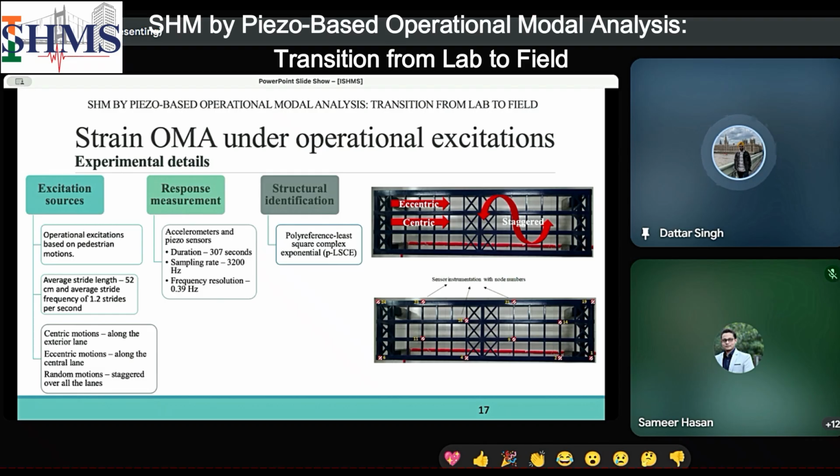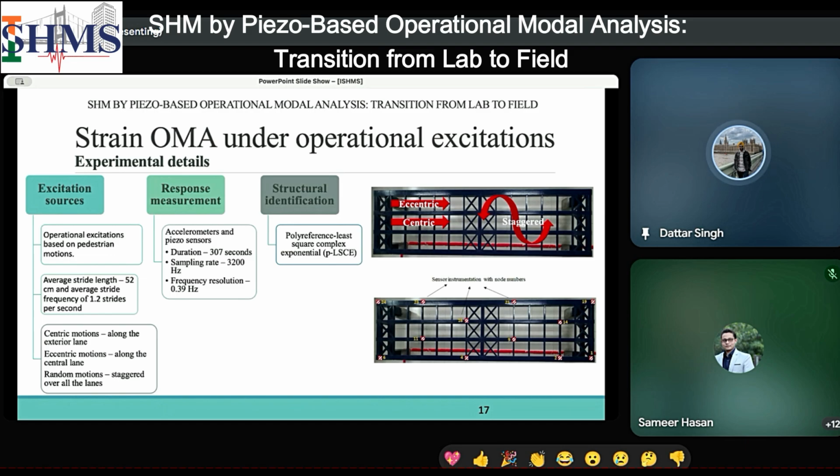In operational modal analysis, that is OMA, we generally use excitations provided by the structure under its operational conditions. For example, in this scaled down model, the excitations were implemented through a human pedestrian walking over the scaled down model, and it was idealized in three different patterns.